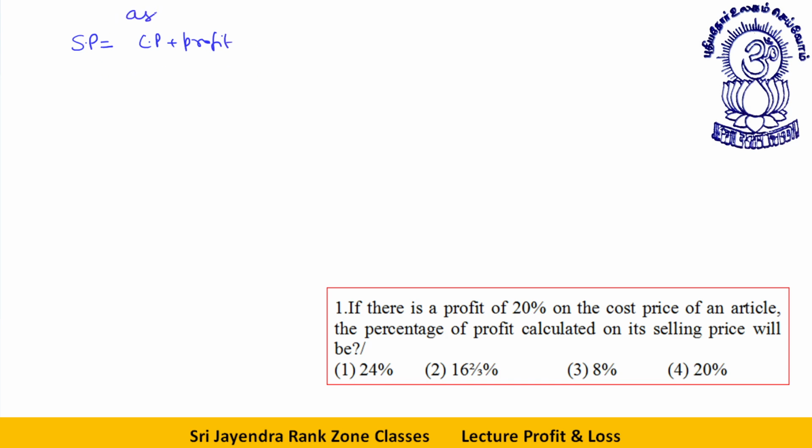Assume CP is equal to 100. Then SP becomes 100 plus profit. This profit is given as 20%. This is 120.